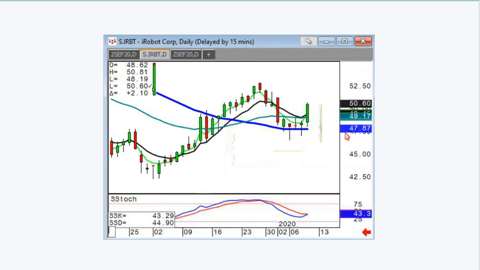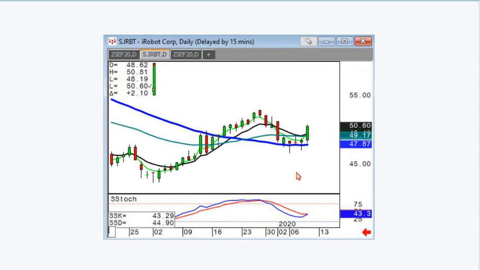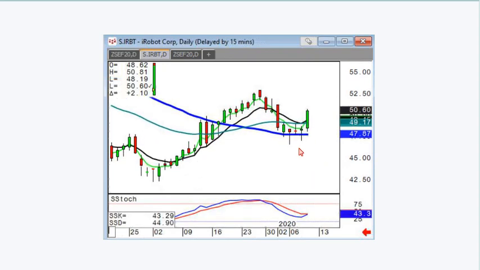And if it does act as support, everybody that's watching this, what do they know about this? What happened here? They saw it support at the 50. They're buying. And notice what the nature of the signals were at the 50.